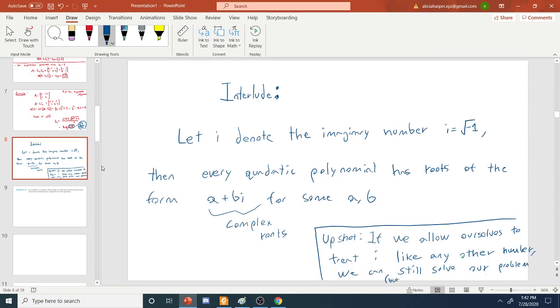But our eigenvectors and eigenvalues will involve complex numbers.